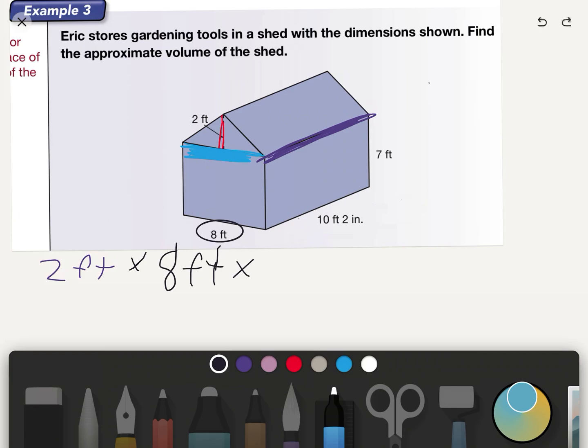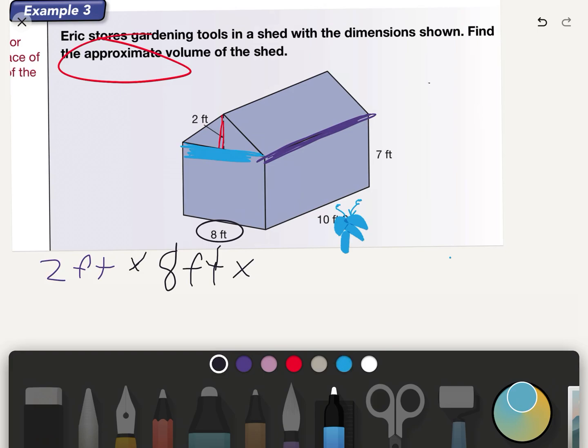Well, luckily we have the operative word. Find the approximate volume. So you know what? I'm going to take that 2 inches and I'm going to make it into a butterfly. A nice blue butterfly, and we'll never think about the 2 inches again.